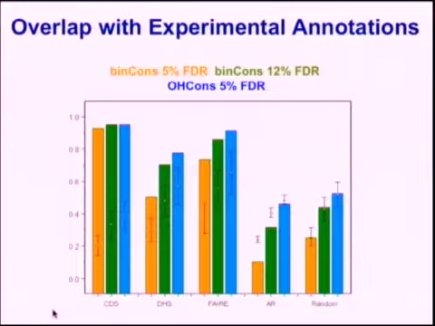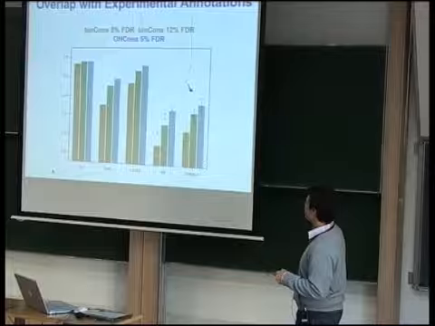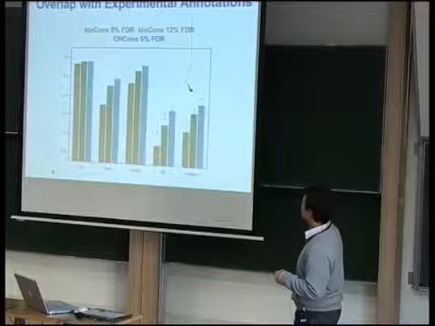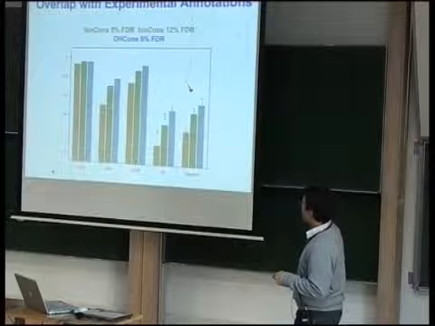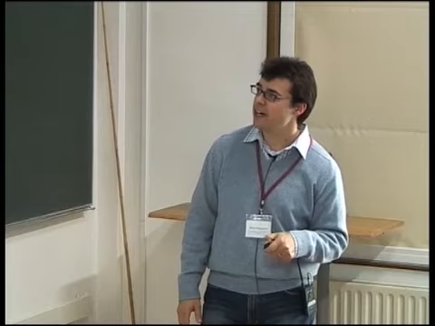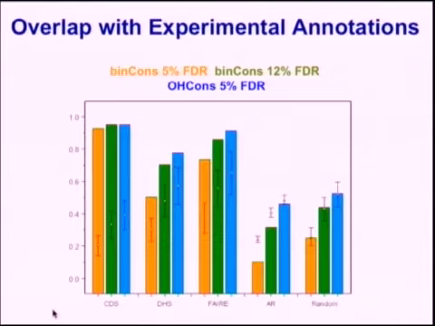We also use a binomial-based method where we've relaxed the false discovery rate such that the overall coverage is roughly the same as it is with this Chi method that's done at a 5% false discovery rate. And then of course we have our statistical algorithm that shows what we expect by chance, the null distribution, shown over here by these error bars.